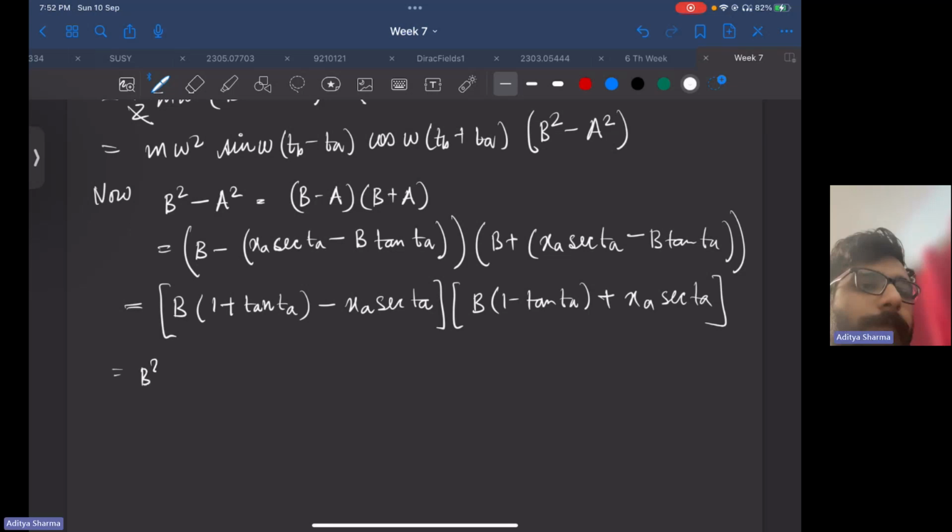So we're going to get b square 1 minus tan square, which is x square, a square minus b square.